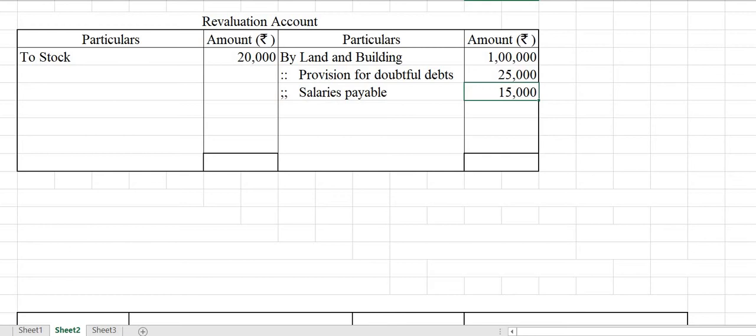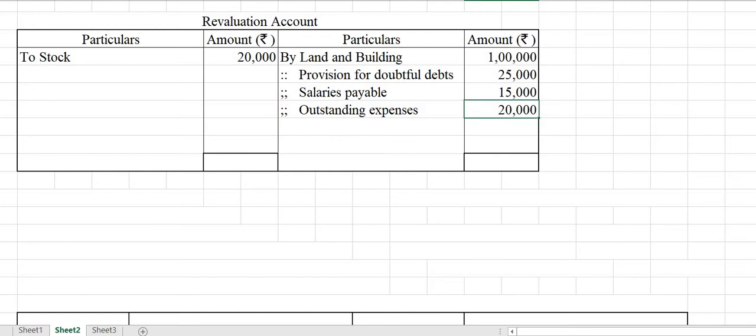Then comes the next one. Outstanding expenses are to be written back being not payable. That liability will not arise, so that liability decreases. We can write here on the income side, outstanding expenses, 20,000.